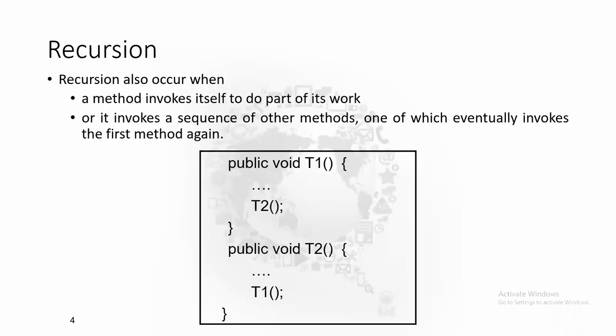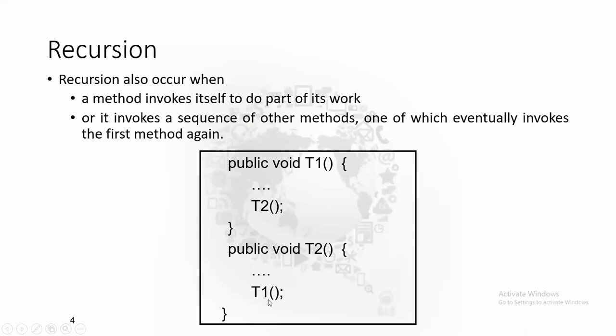Examples over here, okay? Recursions also occur when a method invokes itself to do part of its work. So from the functions shown over here, first we have public void T1. T1 is a function, and we have another one, T2. So when you see in T1, after the execution of T1, it will go to T2. But when it comes to T2, it goes to T1.